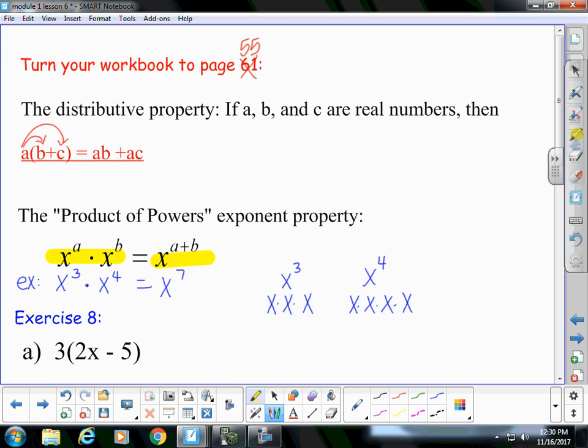So if I'm going to multiply the two things together, all together, I'm going to have, you can count them with me, 1, 2, 3, 4, 5, 6, 7 x's. So that comes out to x to the 7th power. Okay, so the fast way of doing it, instead of writing out a whole bunch of x's, is to just say 3 plus 4 is 7.